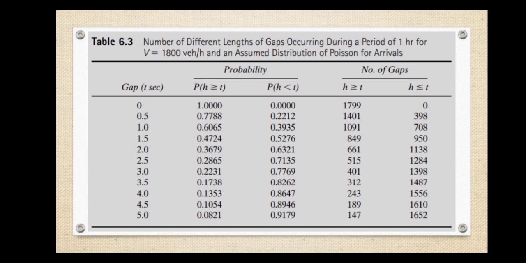Analysis of the occurrence of different gap sizes when traffic volume is heavy has shown that the main discrepancies occur at gaps of short lengths, that is, less than 1 second.